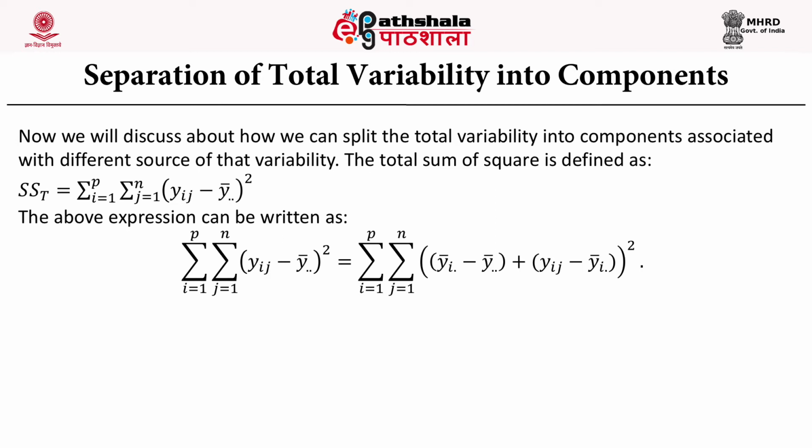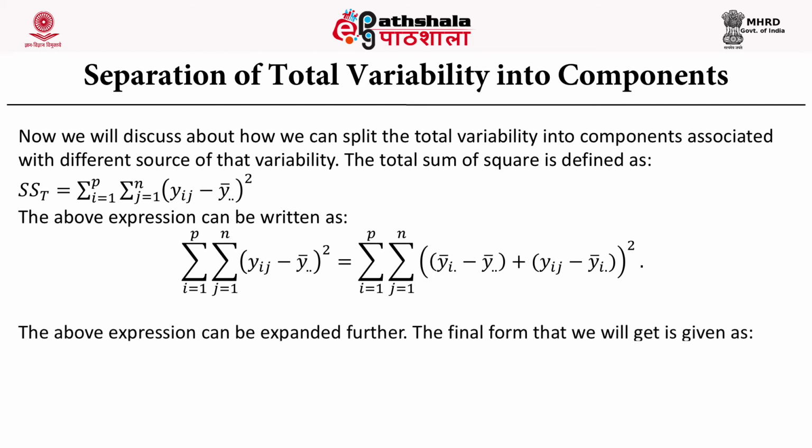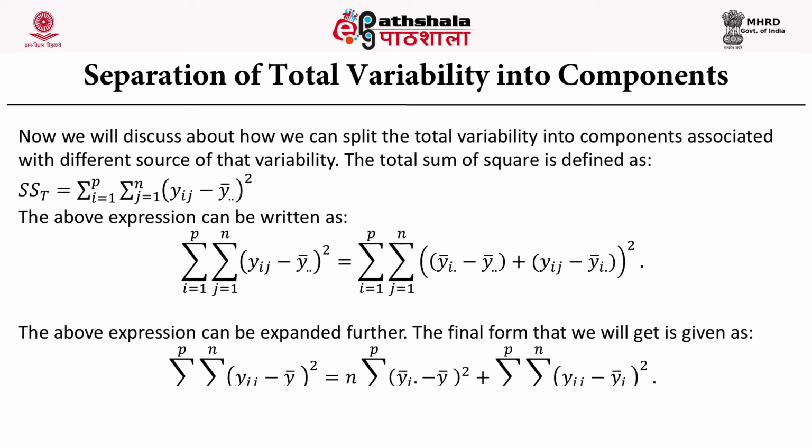The above expression can be written as the double summation of yij minus y double dot bar whole square, which equals the double summation of yi dot bar minus y double dot bar plus yij minus yi dot bar whole square. The above expression can be expanded further.